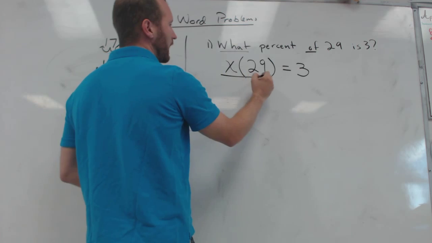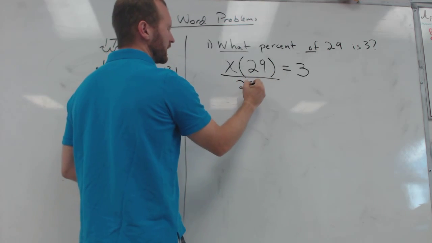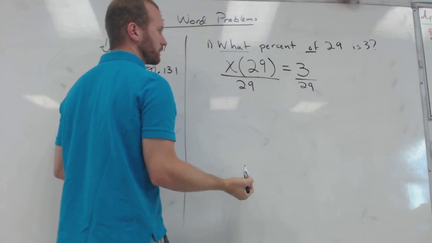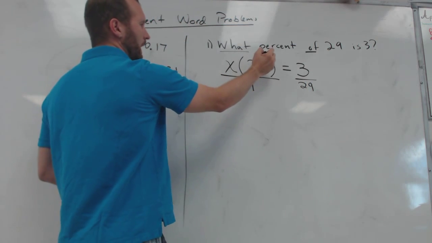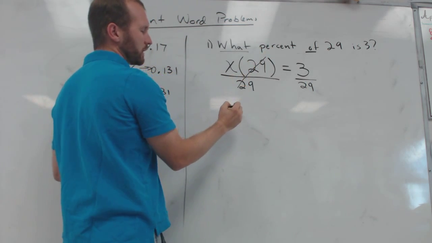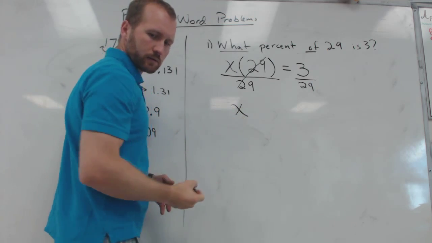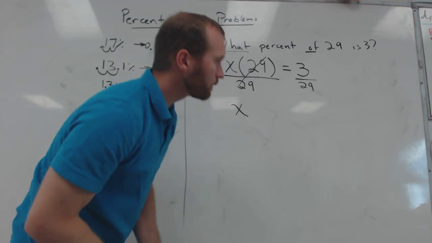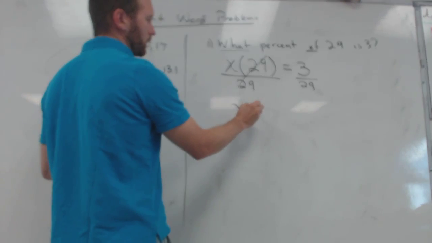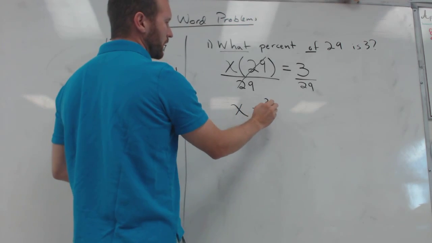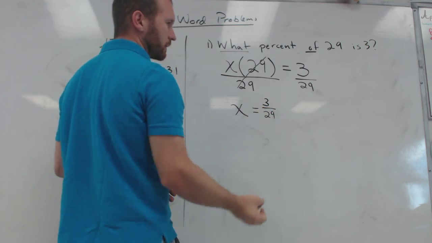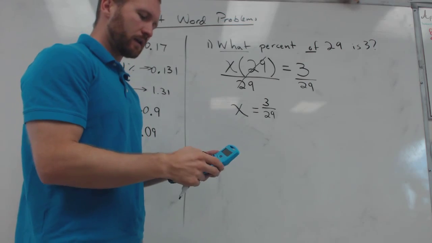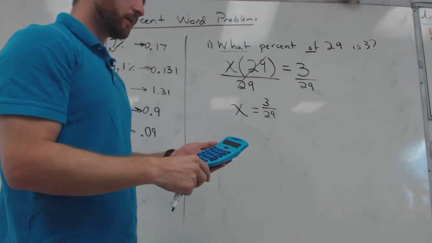We need to divide by 29. So x times 29 divided by 29 is just x. And then 3 divided by 29, this is why I said let's get out a calculator for today. 3 divided by 29.